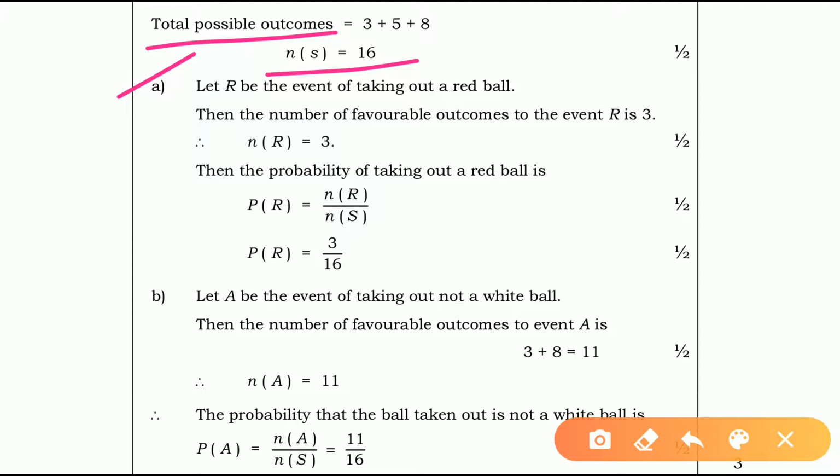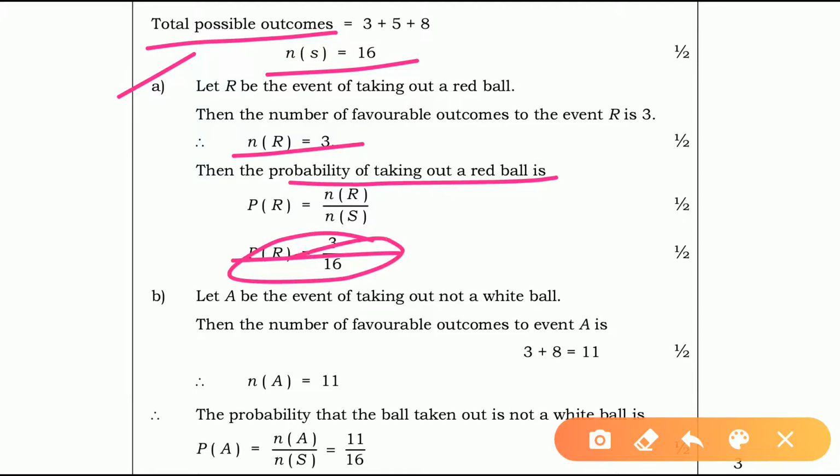The total number of favorable outcomes is n of R equal to 3, meaning 3 red balls are there. The probability of taking out the red ball is P of R equal to n of R divided by n of S. This is the simple formula. n of R is 3 and n of S is 16, so P of R is equal to 3 by 16.